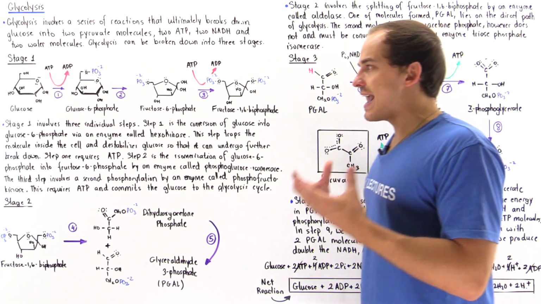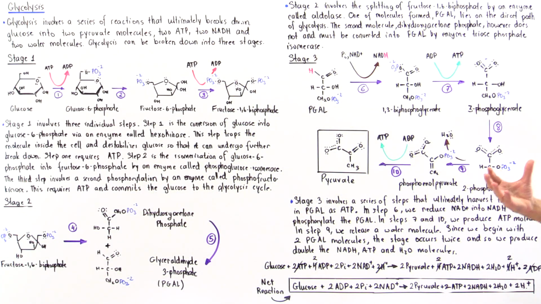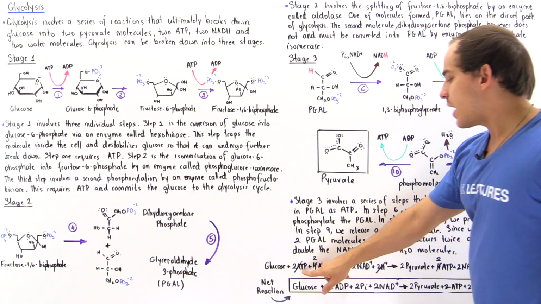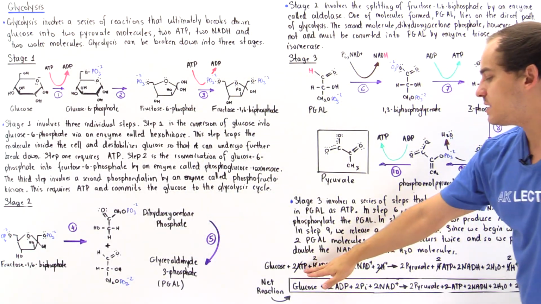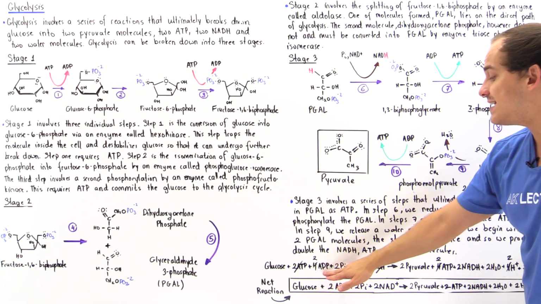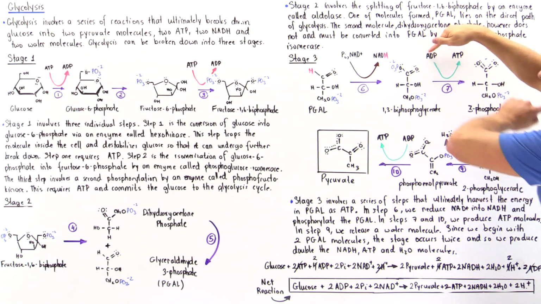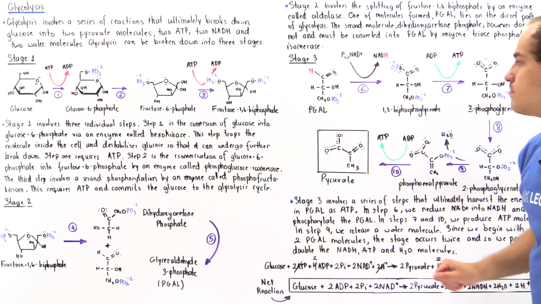So now let's count up all the reactants and all our products. So the reactants are the glucose. We also have 2 ATP molecules, 1 and 2, that have to be utilized. We have 4 ADP molecules, so we have 1, 2, and because it takes place twice, we have 4.